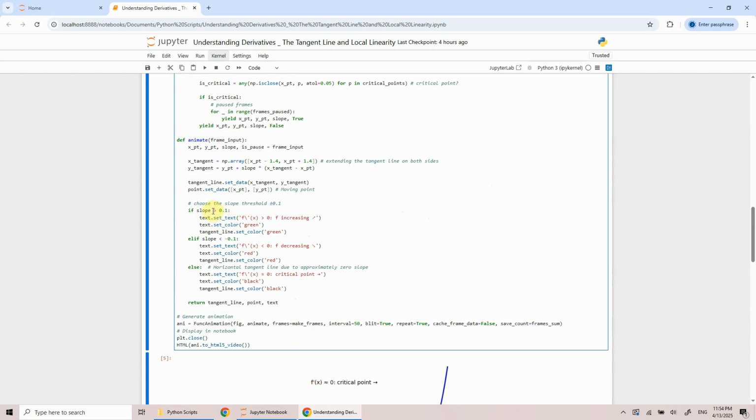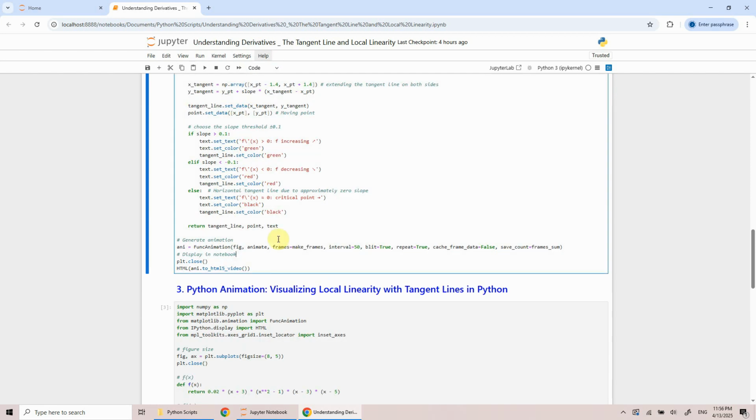Here 0.1 is not really close to 0, but it is just to avoid floating point precision issues. If the value were too small, like 0.001, really close to 0, then the horizontal tangent lines might be missed. Let's run the code.